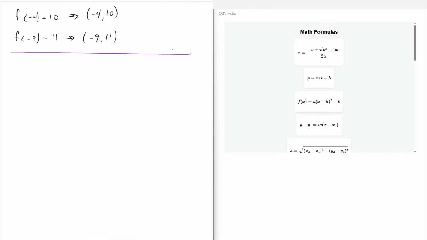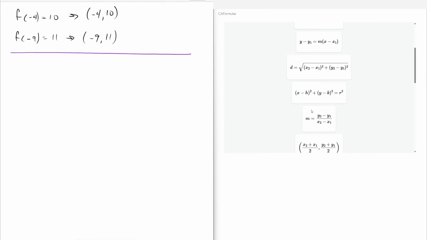So the very first formula I'm going to need is this one. Well, technically the very first one I'm going to need is this one. I need to find my slope, because in order to find the equation of a line, we're going to use y minus y1 equals m parentheses x minus x1. I know my x1 and my y1. I know my x2 and my y2.